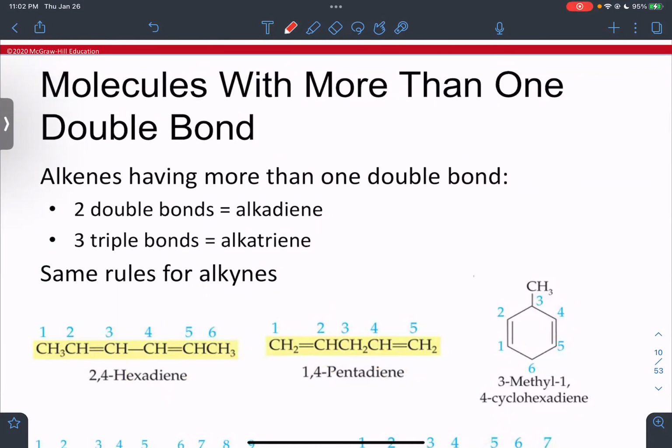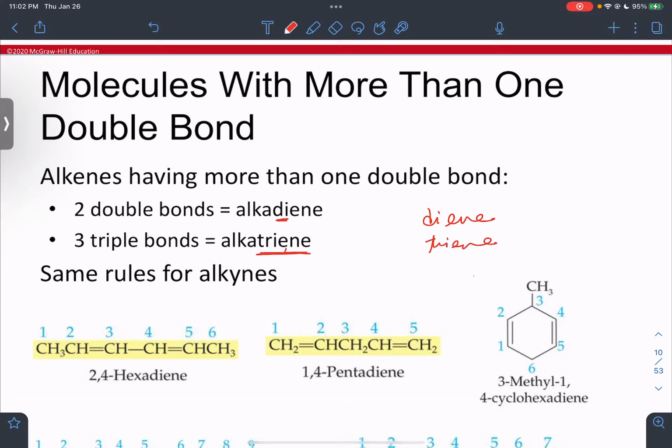So sometimes you'll have molecules that have more than one double bond. If you have multiple double bonds, just like if you have multiple methyl groups or multiple chlorine groups, however many you have, instead of calling it an ene, you call it a diene, or you call it a triene.